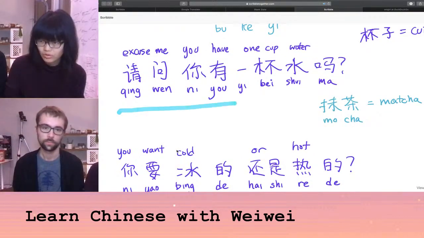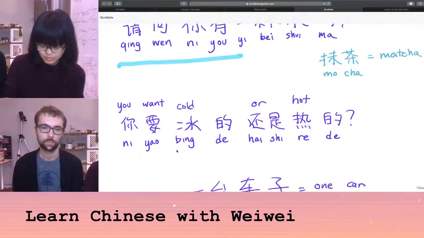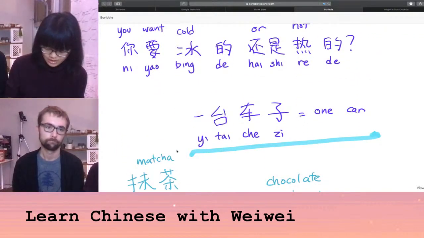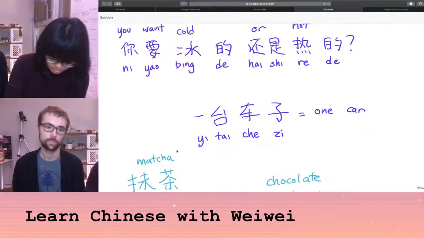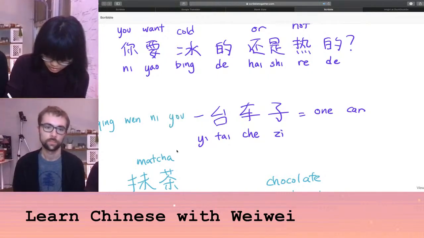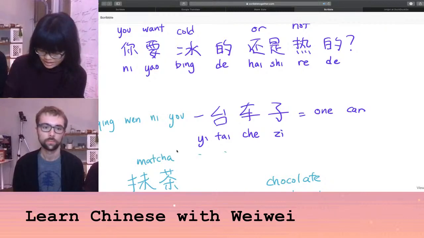And this part of 请问你有 could also be applied to a car. So I could say 请问你有一台车子吗?